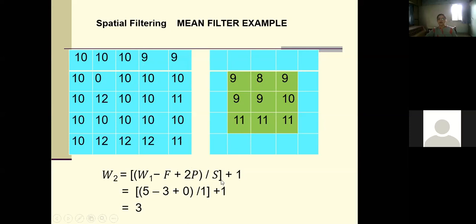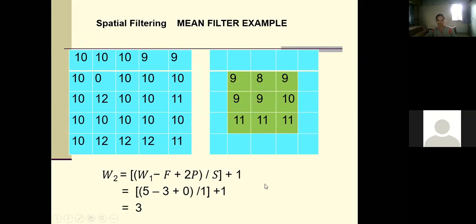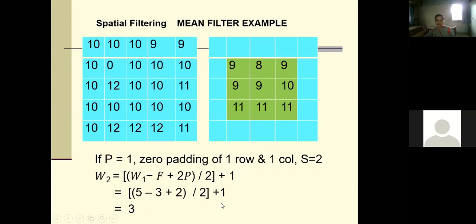Okay, so if stride rate is 2, tell me what is the resultant image size. Please type your answer in the chat box. Okay, so here I'm getting few answers.